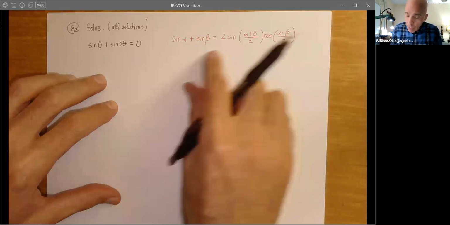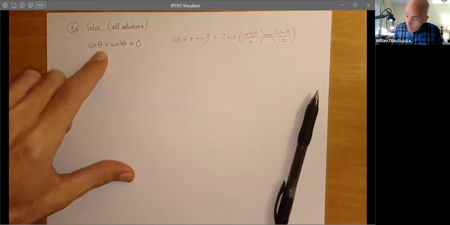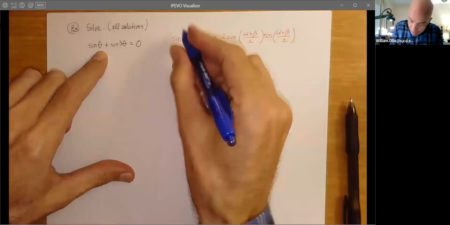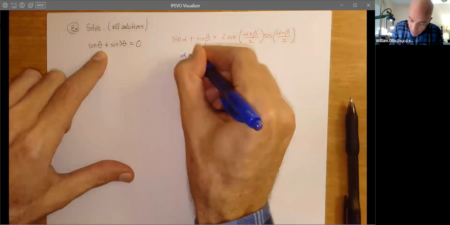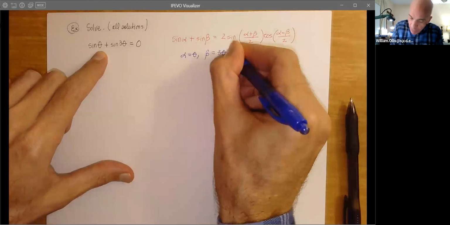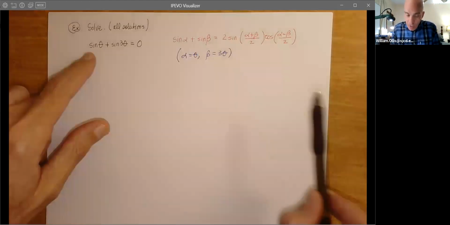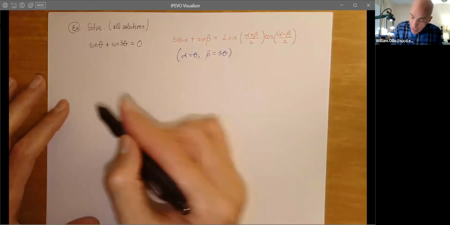Now notice here, if we look at this, we can use alpha equals theta and beta equals 3 theta. So that would be the way that we would move from this formula here to here. So let's just go ahead and say, let's get the product.